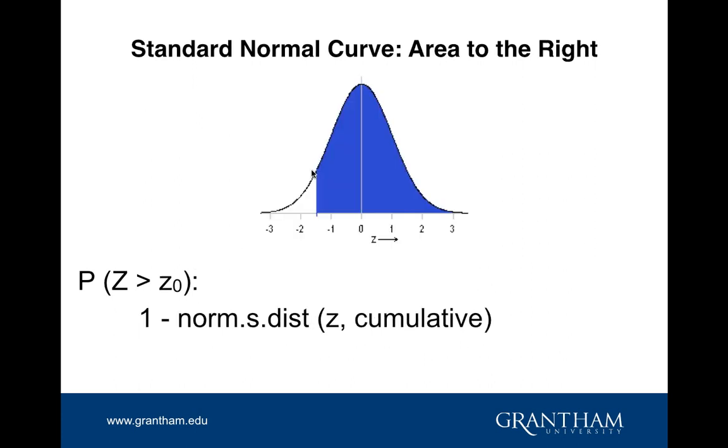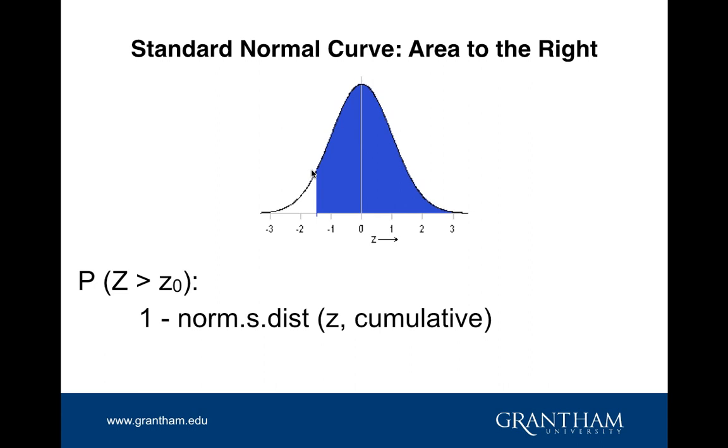Now, what if you were asked to find the area to the right of some value? If you're asked to find the area to the right, you have to do a little bit of tweaking to the formula that is given in the previous slide. The area to the left is equal to 1 minus the area to the right, or the area to the right is equal to 1 minus the area to the left.